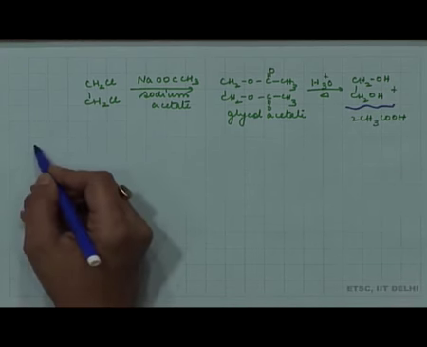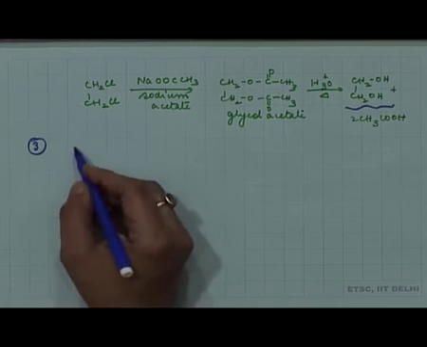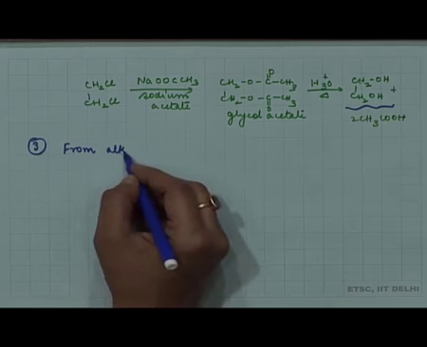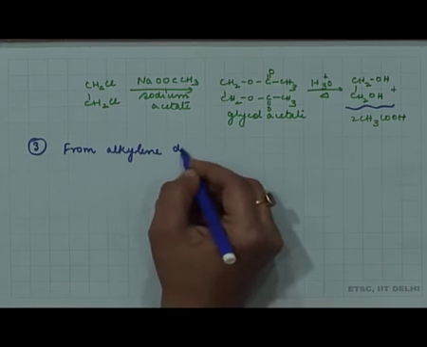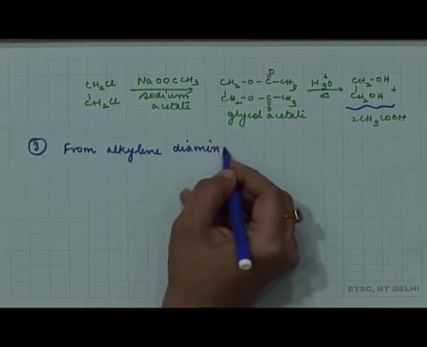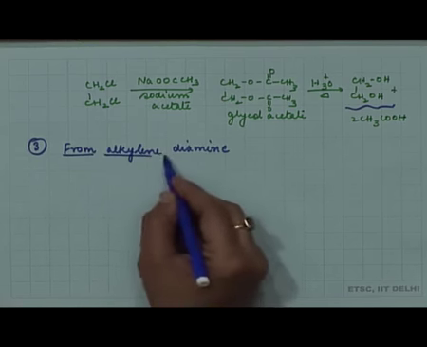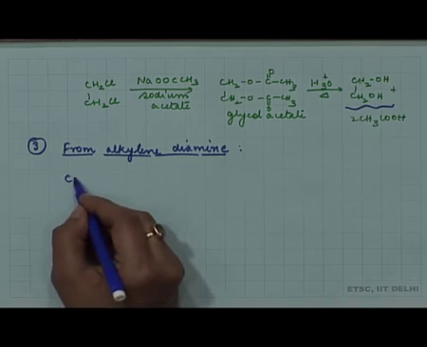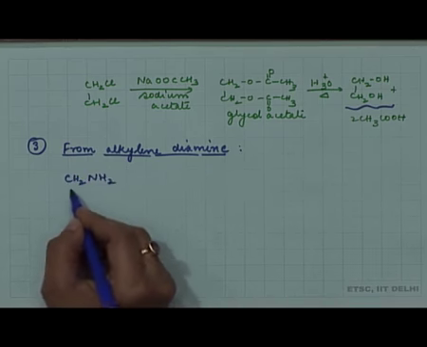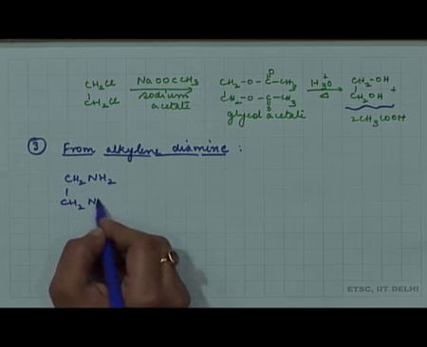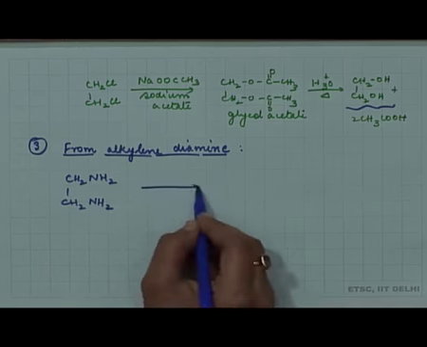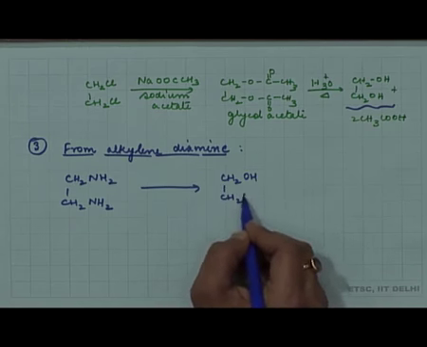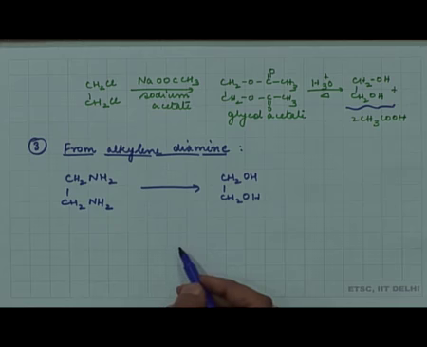So, this is an improvised version of the hydrolysis of the dihalides for obtaining these 1,2-diols. The third substrate from which you can get the diols is alkylene diamine. So, we started with alkenes, then alkyl halides, and now alkylene diamine, which you have to convert into a diol. What reagent should we use?